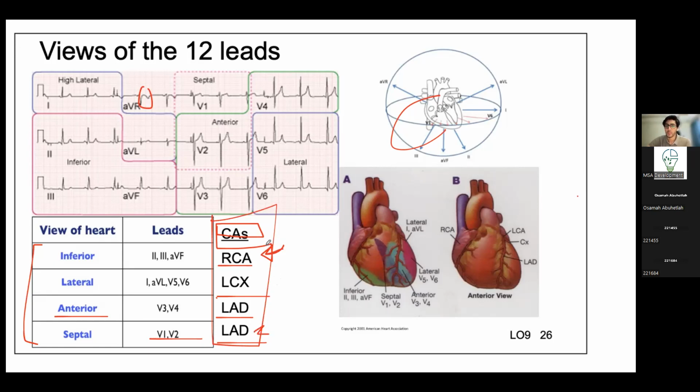So let's say if I have involvement of the RCA, let's make it easy because RCA is kind of weird. Let's say I have involvement of the lateral circumflex artery, which supplies the lateral aspect of the heart, the lateral left ventricle. If I have LCX blockage and I get a myocardial infarction in the lateral left aspect of the heart, which leads are going to pick it up?